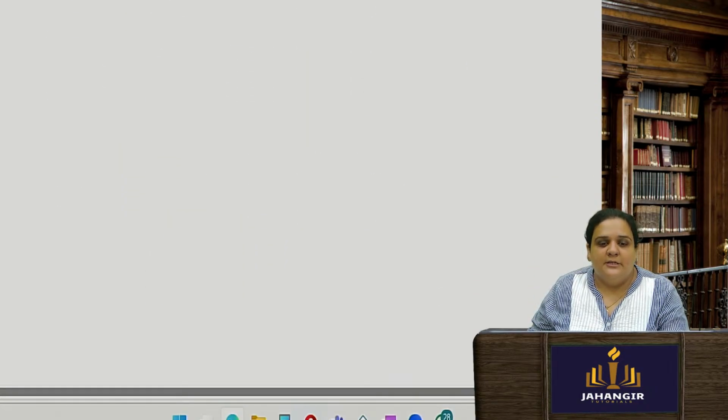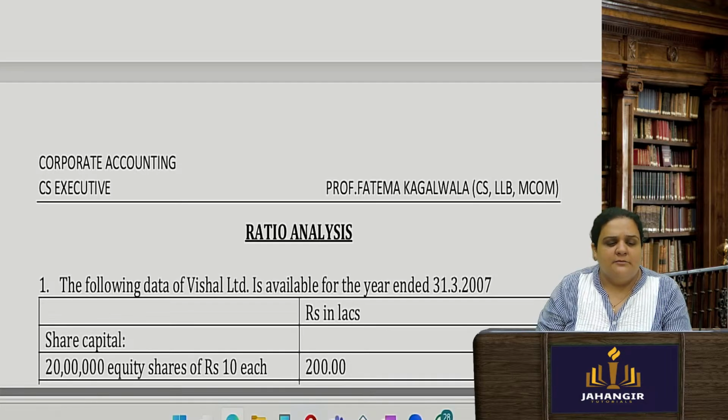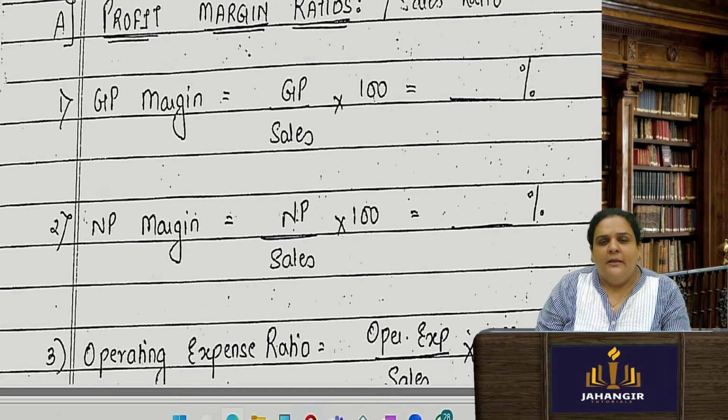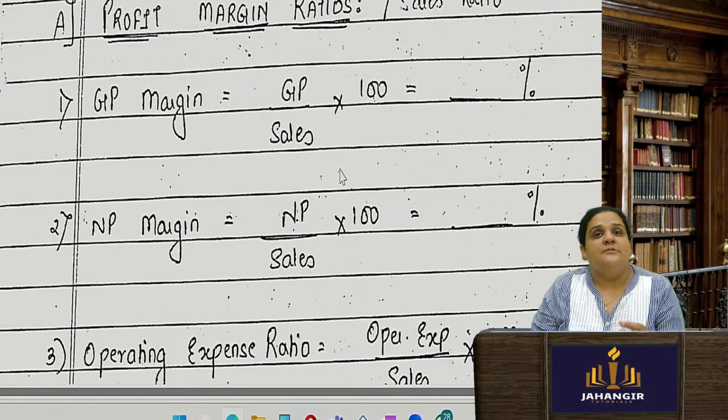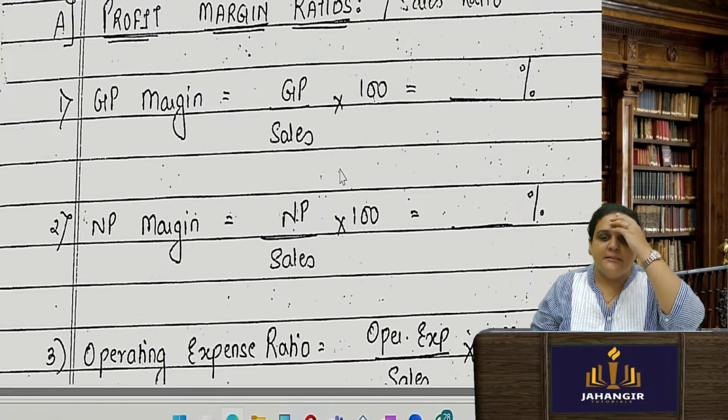Today this is my favorite chapter: ratio analysis. Why? Because it is very interesting and very helpful. It helps you understand the financials, the P&L, balance sheet, trading and profit and loss account, everything we have been doing for a very long time.